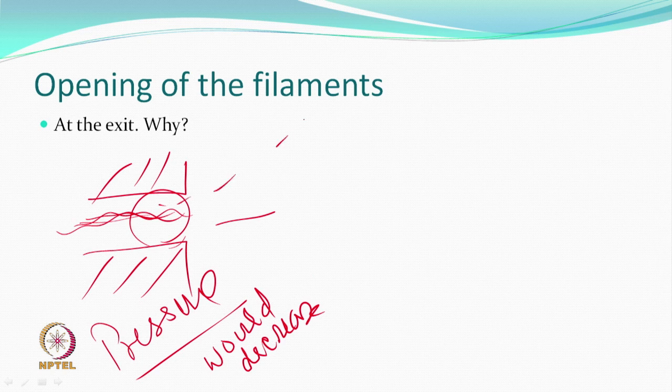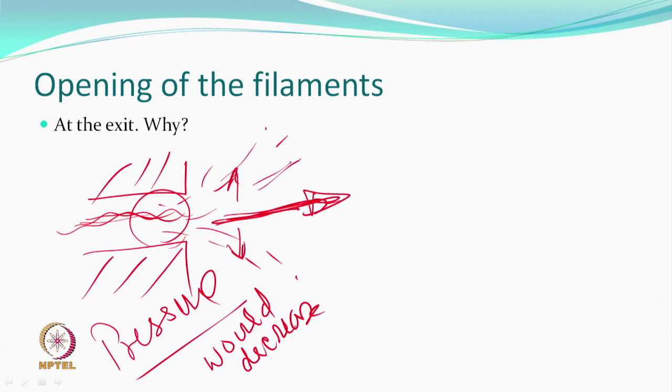Because the air can now go not just in front, but also in any other direction. By this, it means that you actually have some force which is taking the yarn in this direction, and there is some force acting just in the direction which is maybe at right angles.